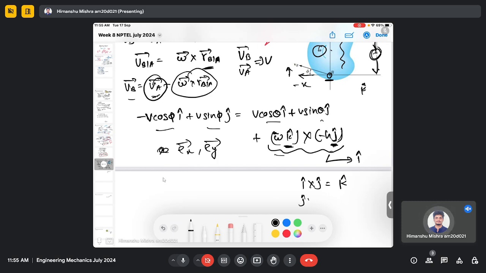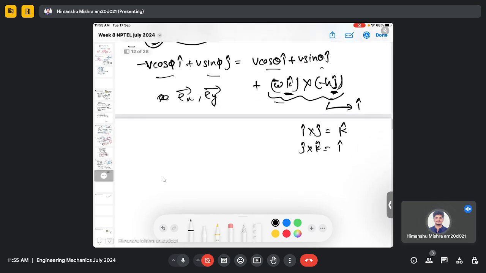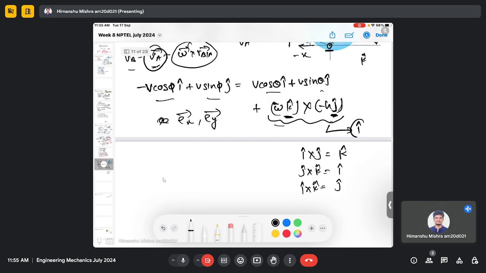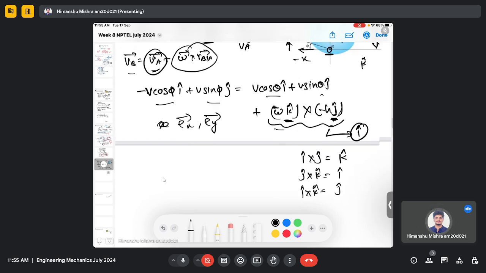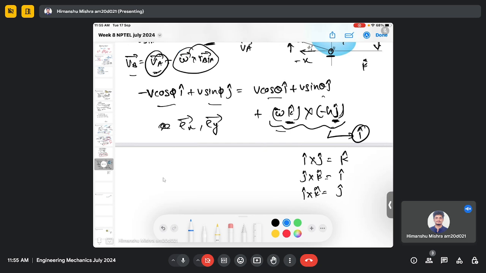If you do the cross product between j and k, you will get the resulting quantity in i. If you do the cross product of i and k, you will get the resulting quantity in the j component. So here we will get the resultant quantity of this vector product in the i direction.